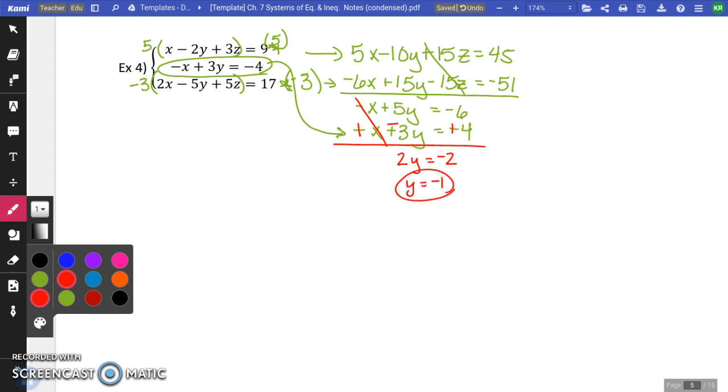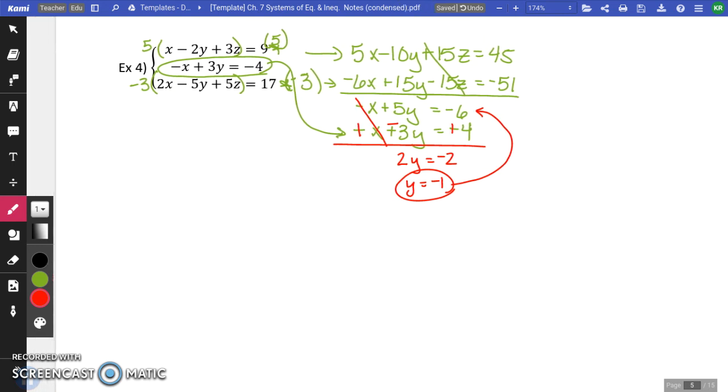So this time it was the y that we found. So then I'm just going to use that y. I've got two equations to choose from that have two terms, the x and the y. So I'm just going to take one of those.